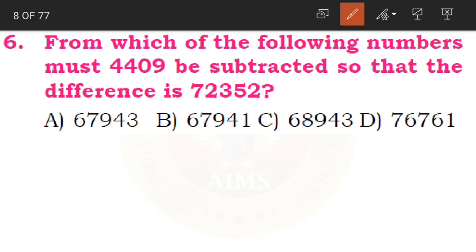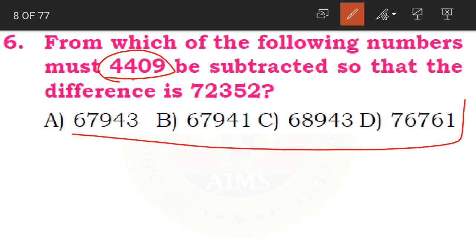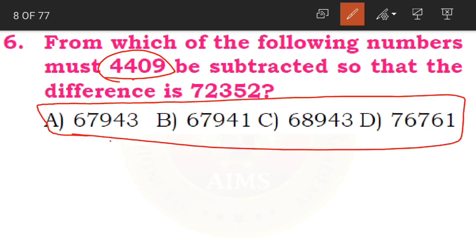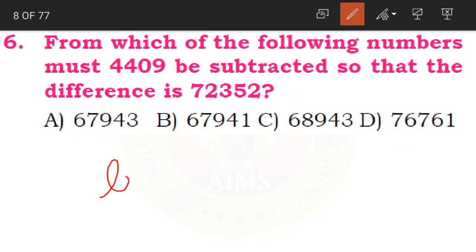See, from which of the numbers is it to be subtracted? Now, if you look at this number and all the numbers given in the option, we can say that this is our smaller number and the answer that we need to find out is the bigger number. Yes, the number is to be subtracted from. So here we do not have the bigger number.